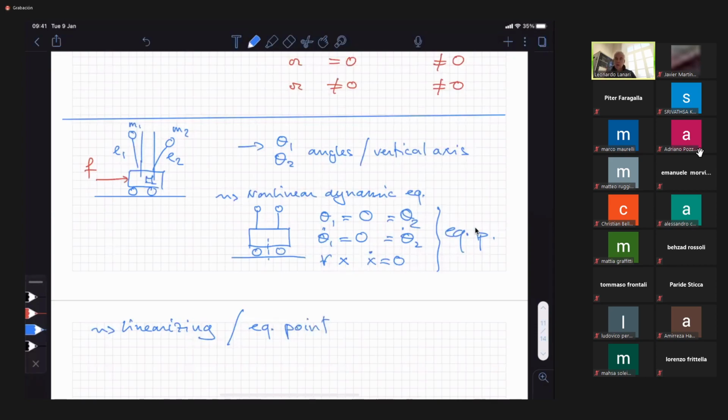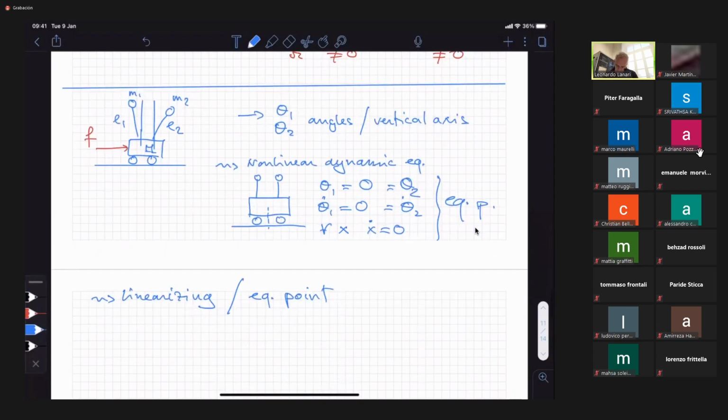So we know that the result that we're going to find is going to be local, so valid only for initial conditions which are not very far from the equilibrium point. And then we can, let's say, get rid of the dynamics of the mass m.